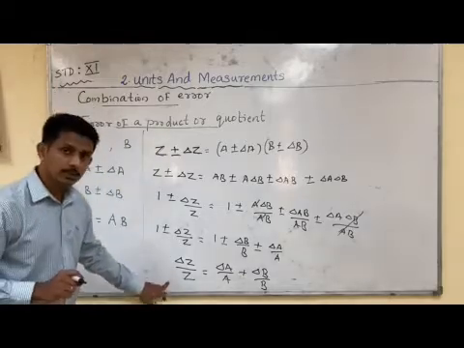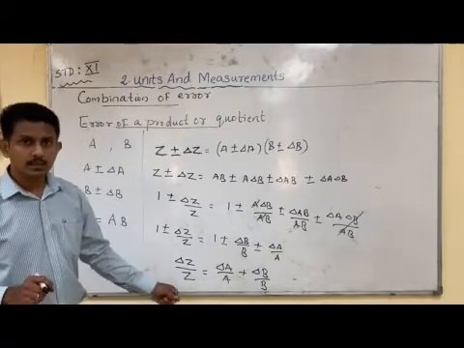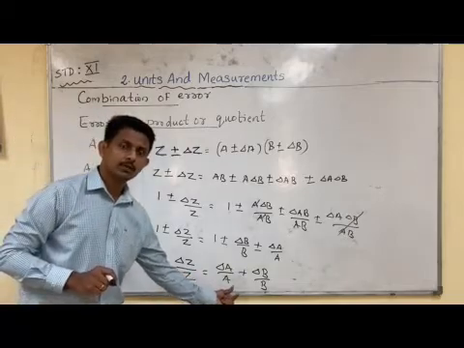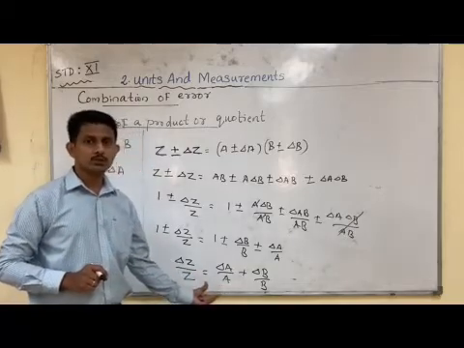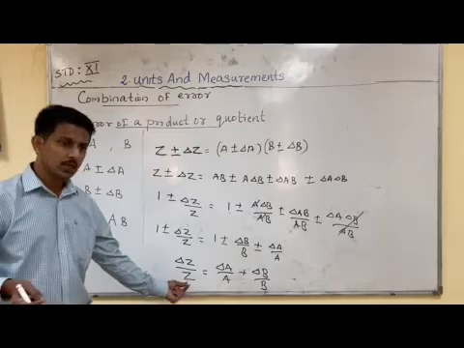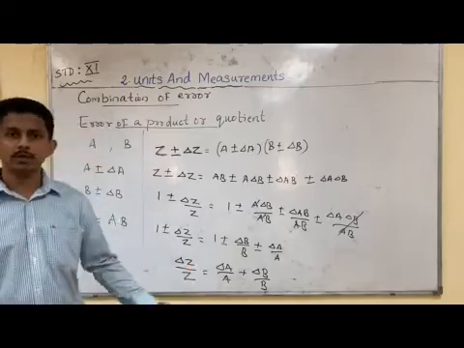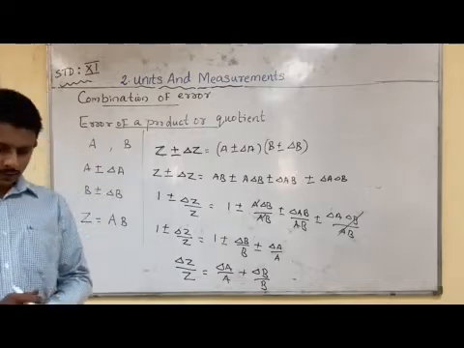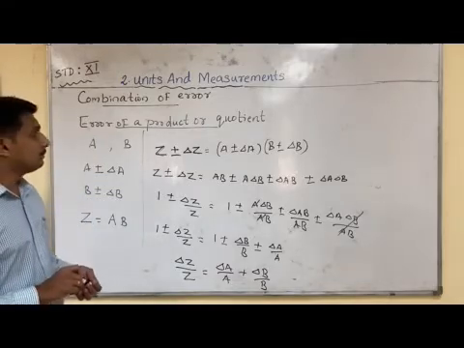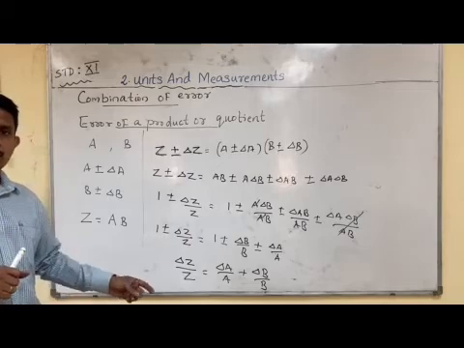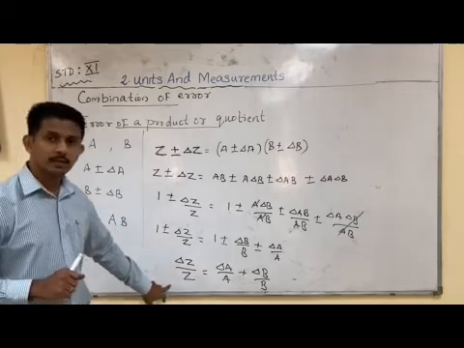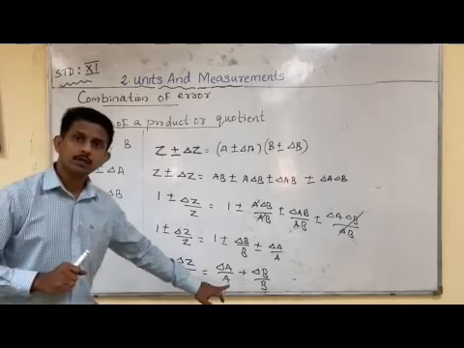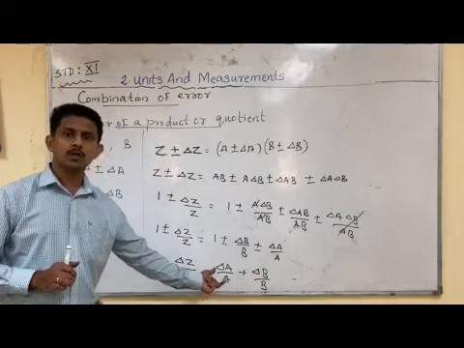So the relative error in the final result is the sum of the relative errors of the individual measurements. This way we can carry out the process of error in the case of multiplication, and similarly in the case of division also. So in the case of multiplication or division, the relative error in the final result is the sum of the relative errors of the individual measurements.